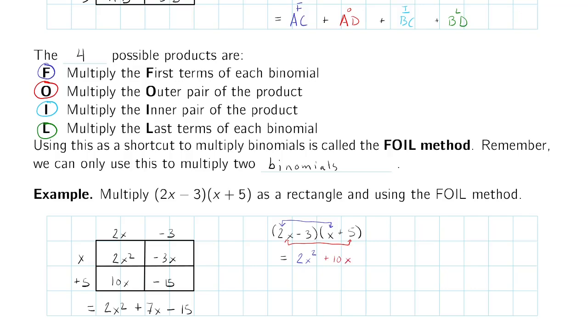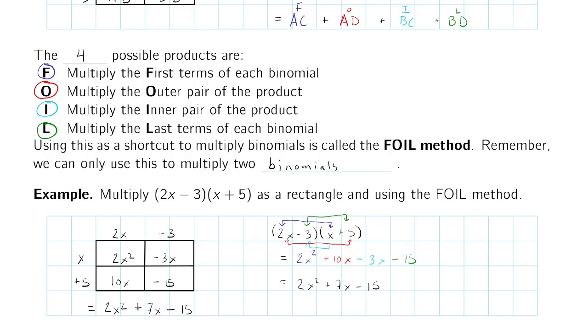Our inner terms, negative 3 times x is negative 3x. And our last terms, negative 3 times 5 is negative 15. And finally, we'll combine like terms: 2x squared plus 7x minus 15.